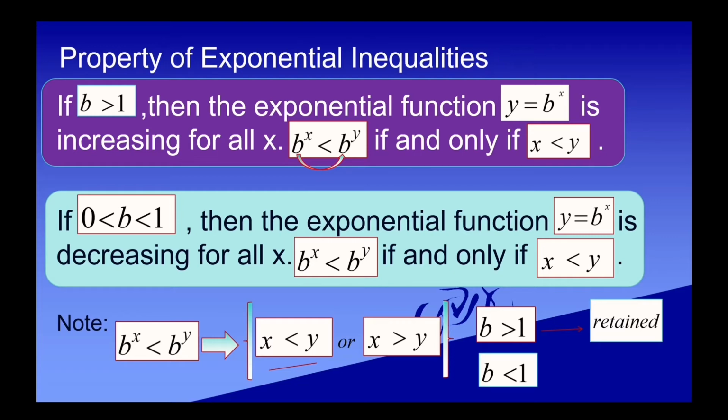Kapag ang base naman natin is less than 1, we know the values of b here is in fraction form. So given b raised to x is less than b raised to y, there will be a reversal of the inequality sign. So ang less than natin dito, when we say reverse, baliktarin natin. So the less than here will become greater than: x greater than y.